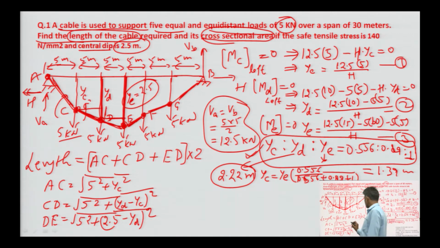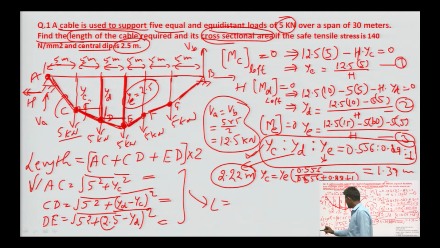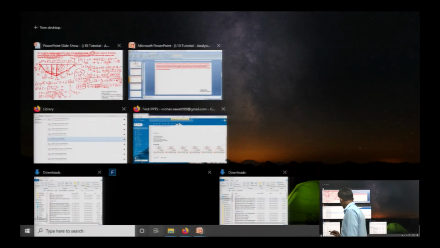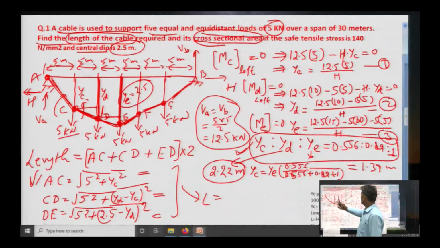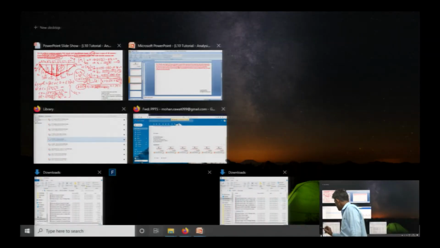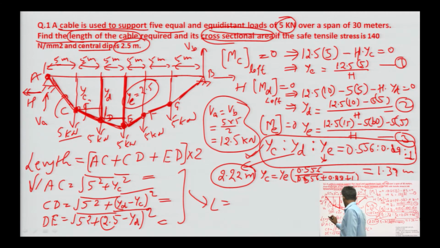So the values of YC and YD are known to us, and so are the lengths AC, CD and DE. By putting the calculated values of AC, CD and DE in this equation, we get the total length of the cable, which will be 30.54 meter.